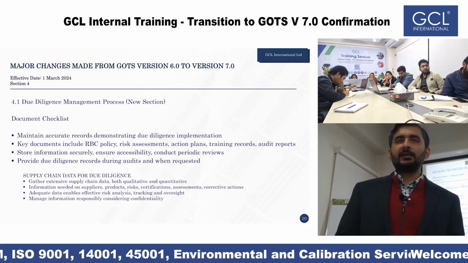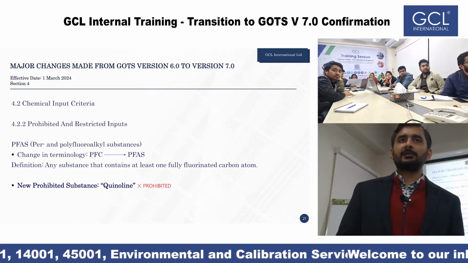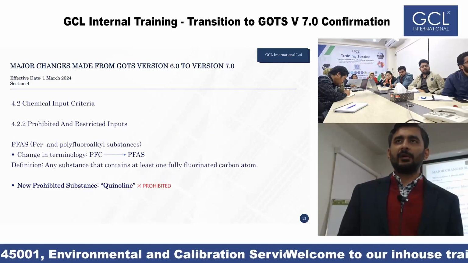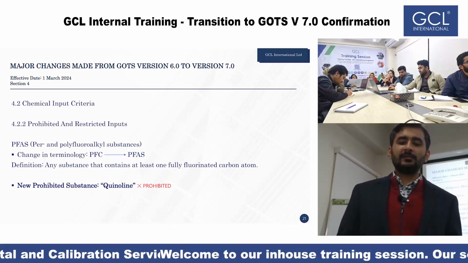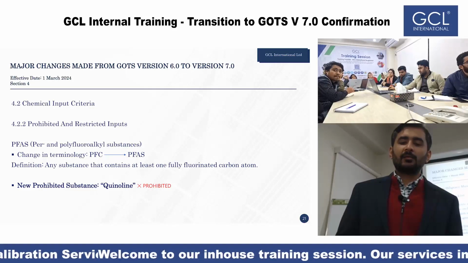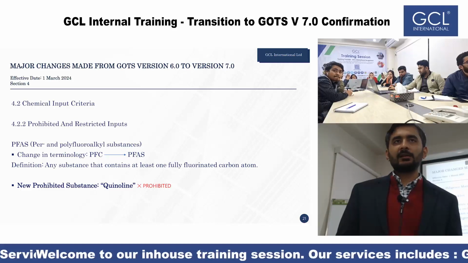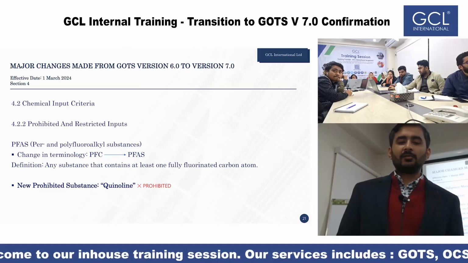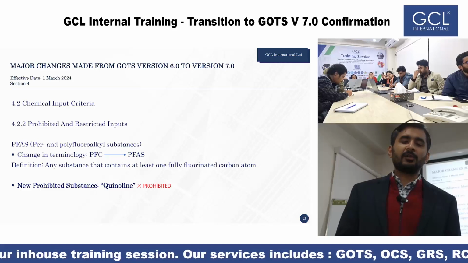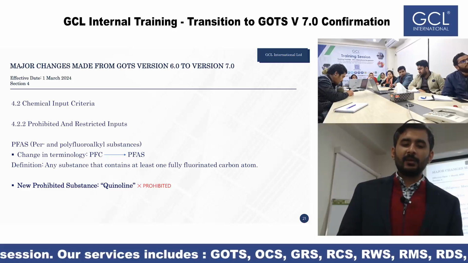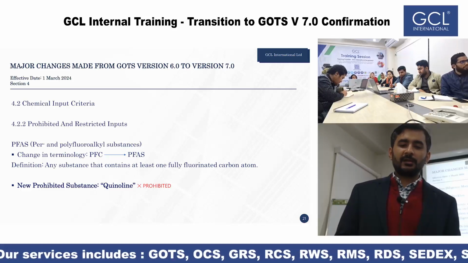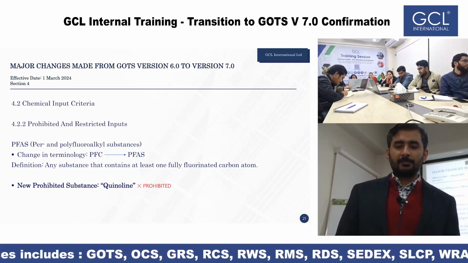Then they need to communicate with everyone, their employees, their stakeholders. That means they need to provide training and conduct internal audit. All this documentation is required to demonstrate that the supplier has established their system. Any question regarding this documentation?